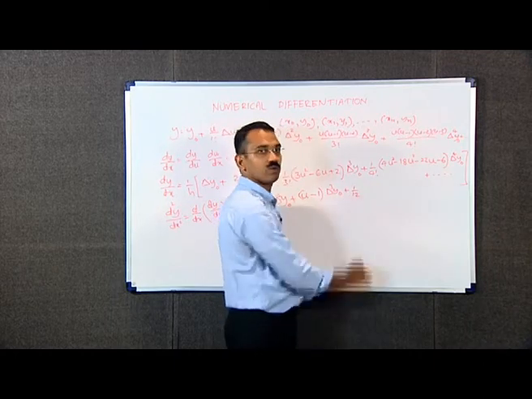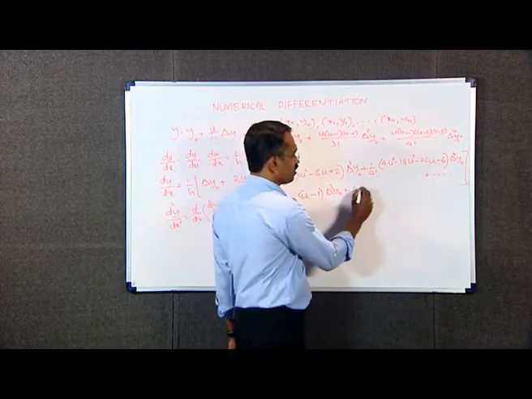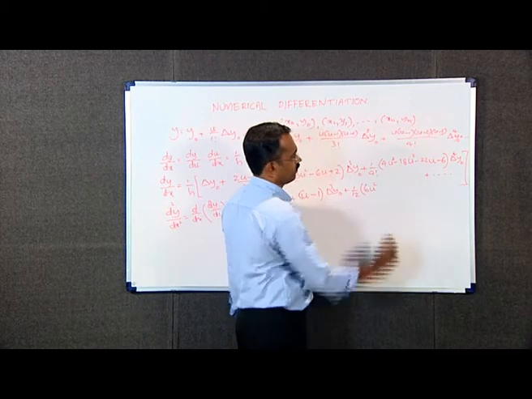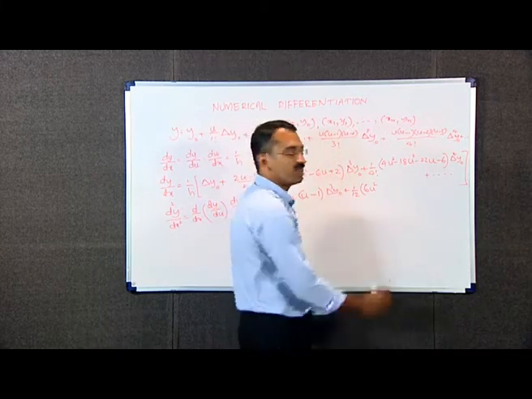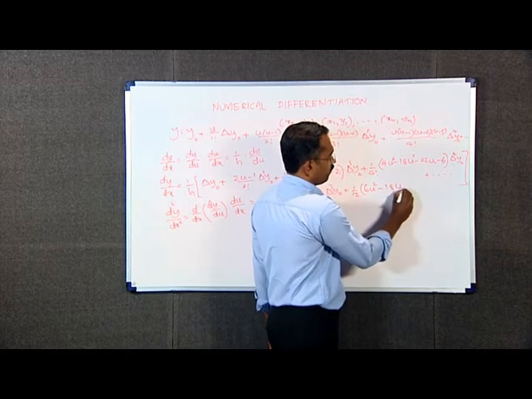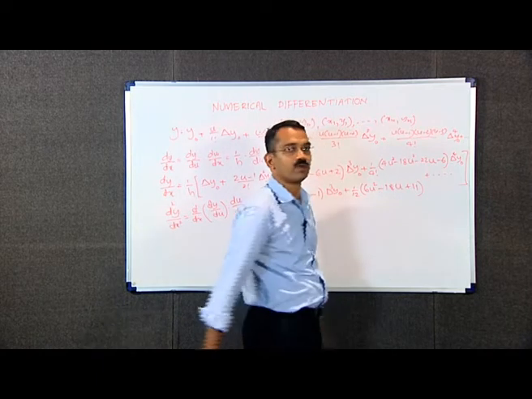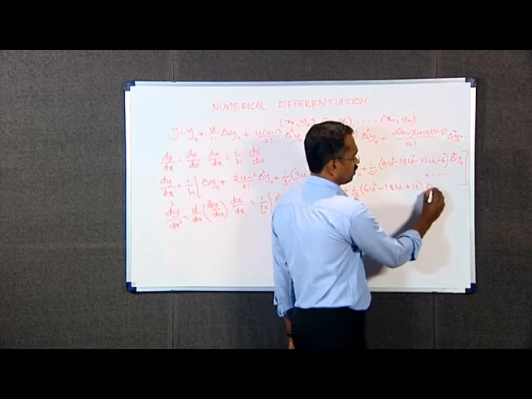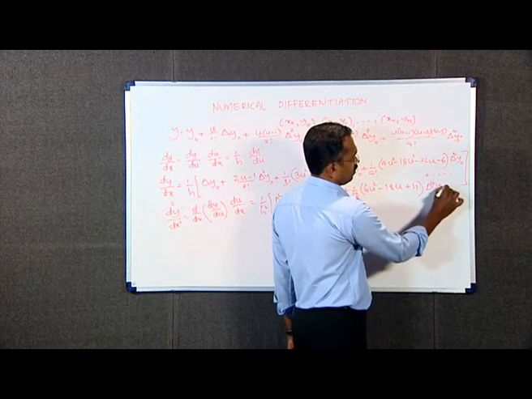Therefore, we get 1 by 12 into 6 u square minus 18 u plus 11 delta raised to 4 y naught plus etc.